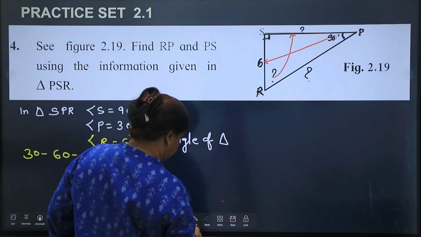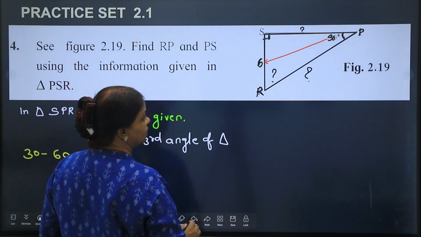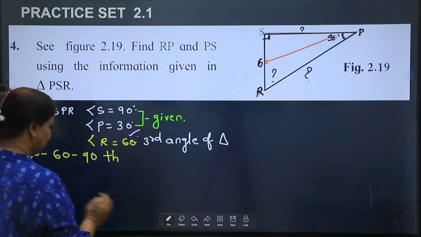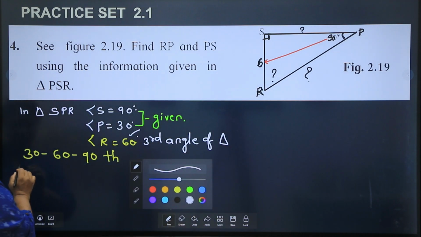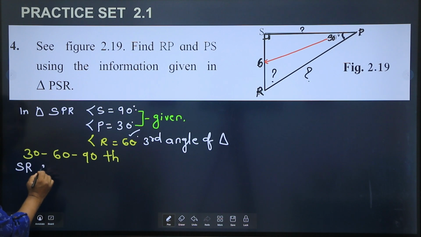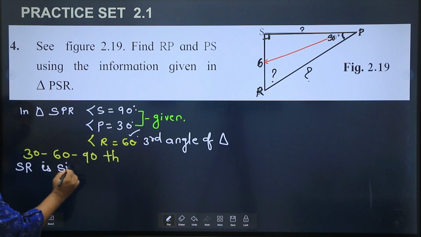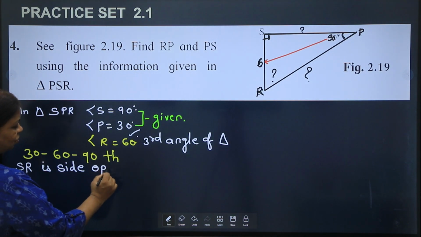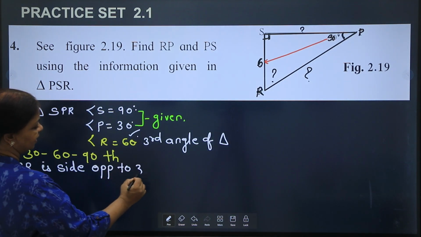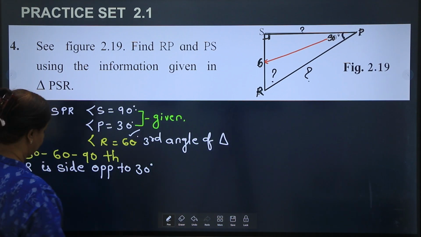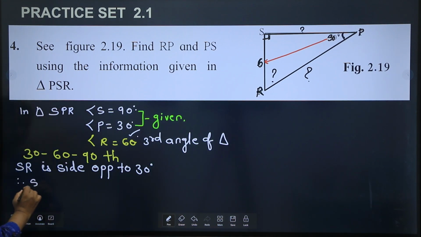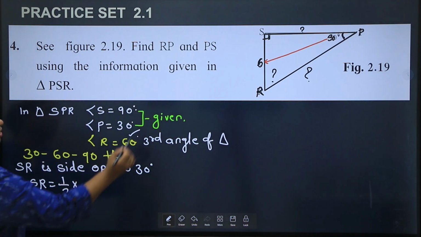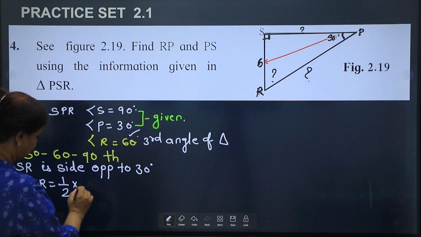SR is the side which is opposite to angle P. I can write here SR is the side opposite to the 30 degree angle, and therefore SR is half of the hypotenuse RP.